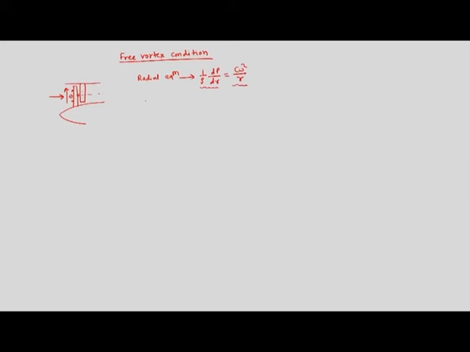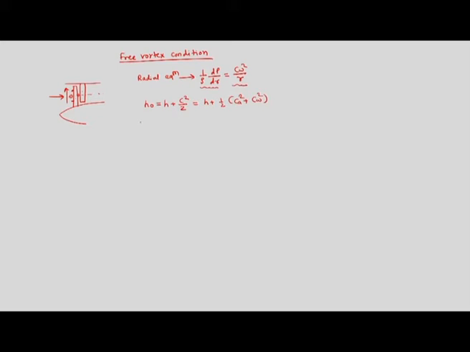Now, let us consider H naught is the total enthalpy at a station, which is equal to H plus C square by 2, but we know that C can be decomposed into two components, which is Ca square plus Cw square.